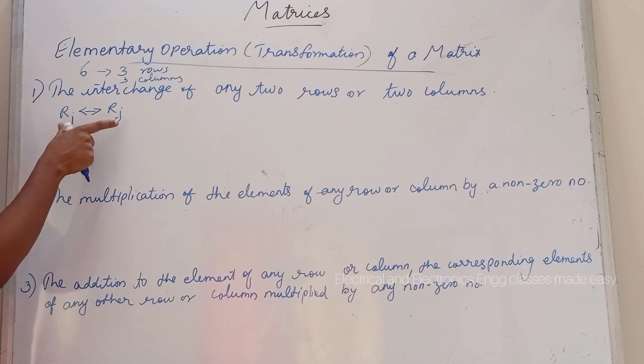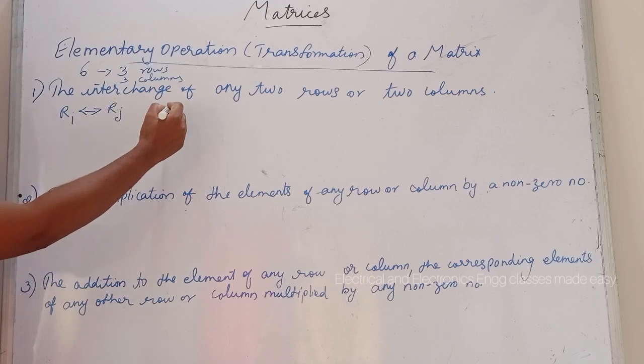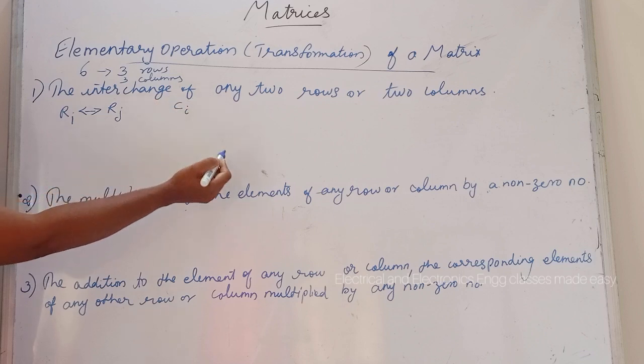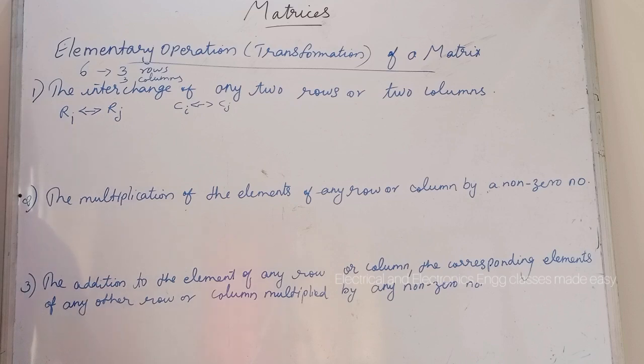So, the 2 rows interchange can be denoted by Ri interchanged with Rj. Similarly, in the case of columns, it is Ci interchanged with Cj.